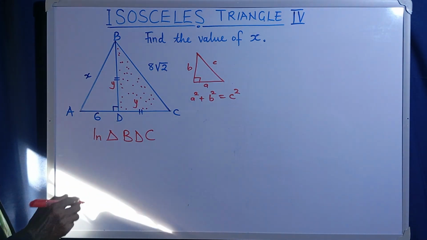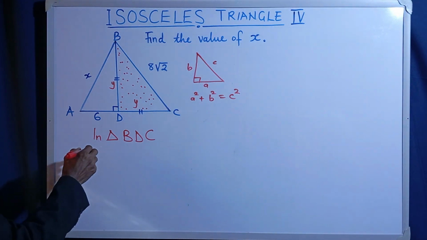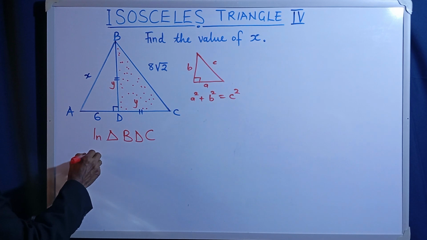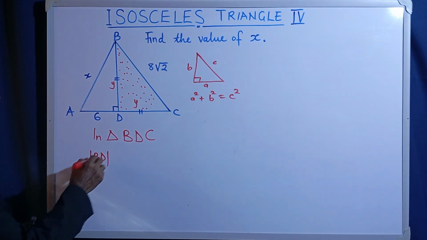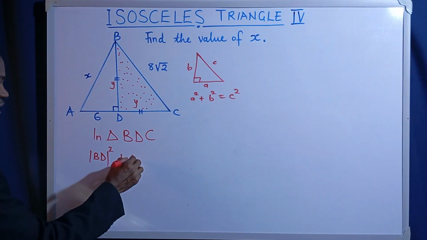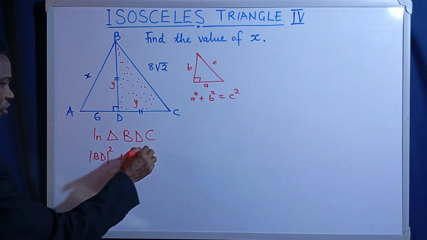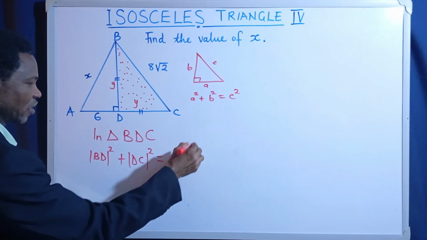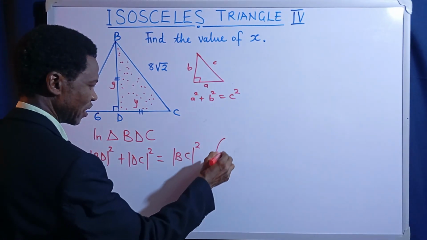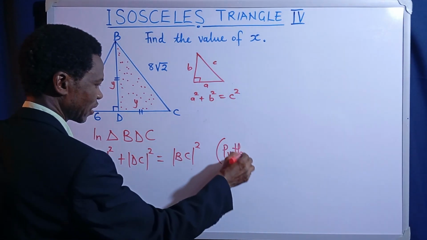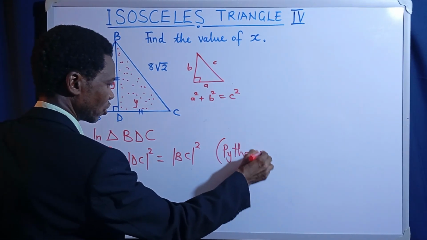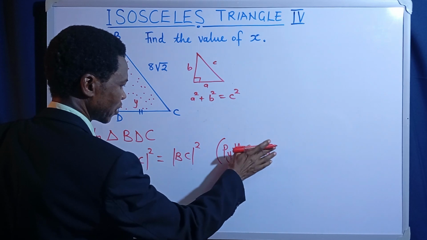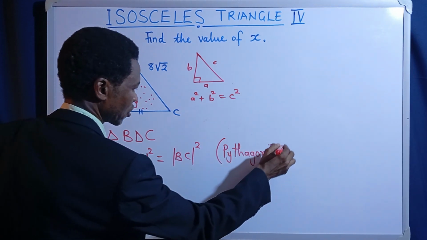So we're going to say that BD square plus DC square is equal to BC square. This is Pythagoras theorem.